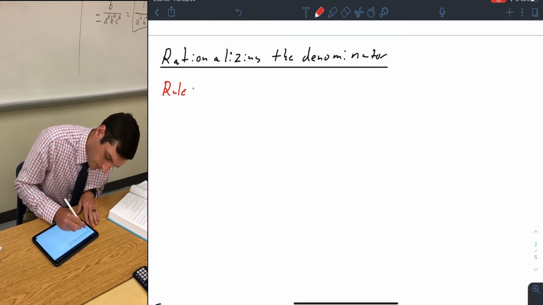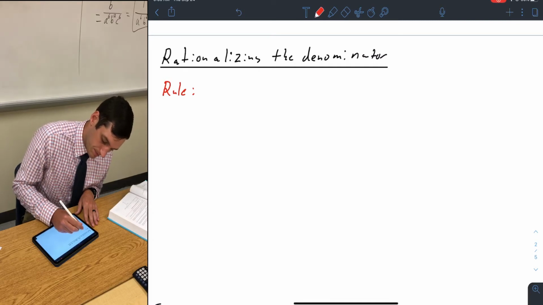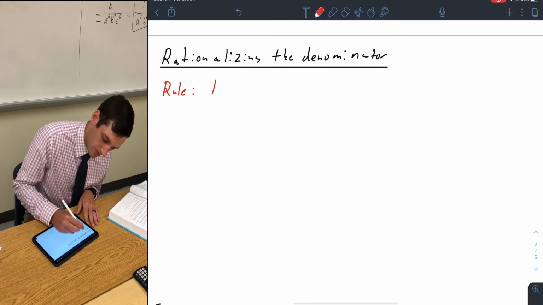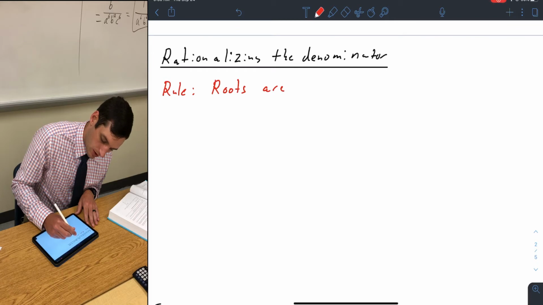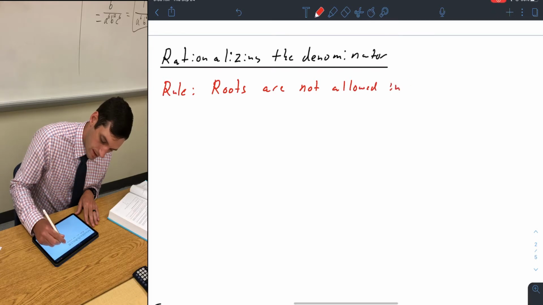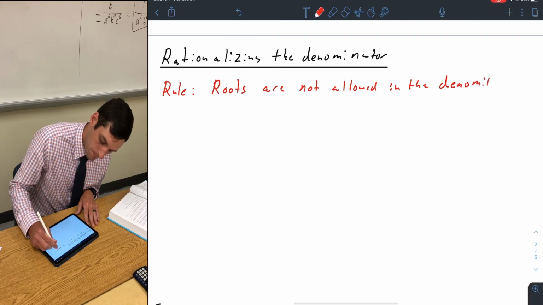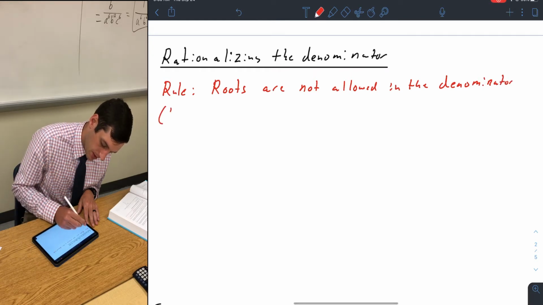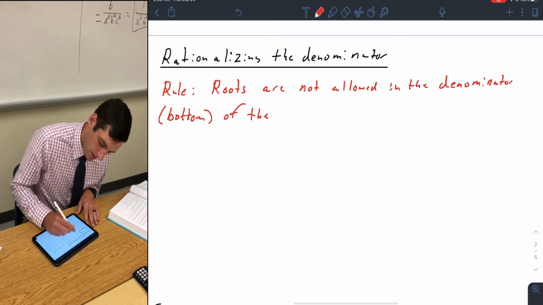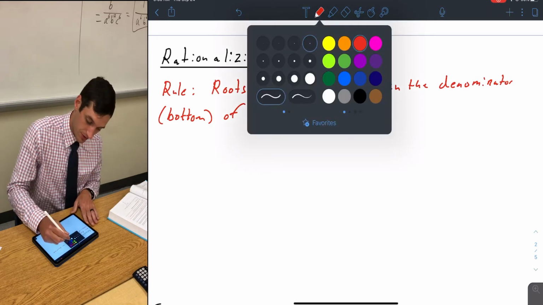Rule says roots, or radicals, I'll just say roots, are not allowed in the denominator, and I'll say right here, the bottom of the fraction. Okay, so now I'm going to jump on to an example.